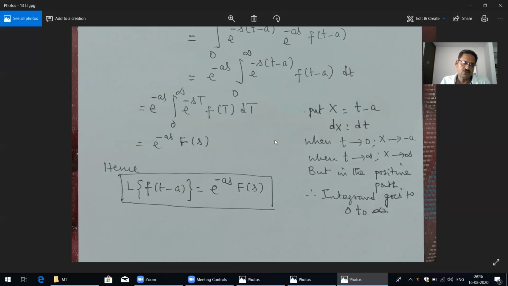Therefore this can be expressed as e power minus as, integral from 0 to infinity of e power minus st f of t into dt. Maybe I made a mistake here.